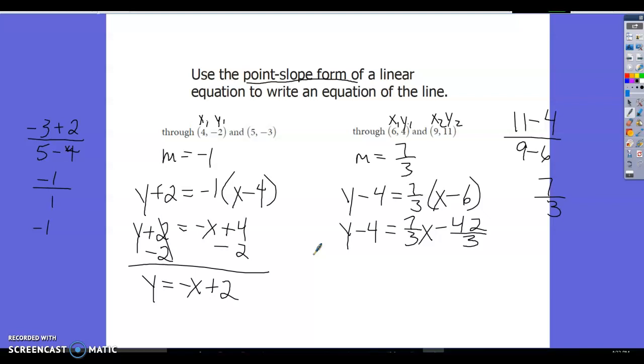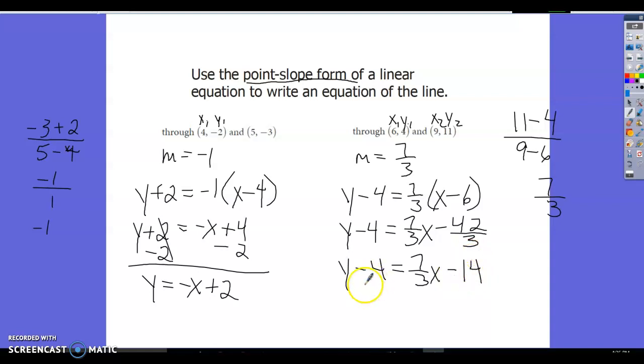Let's see, 3 goes into 42 negative 14 times.